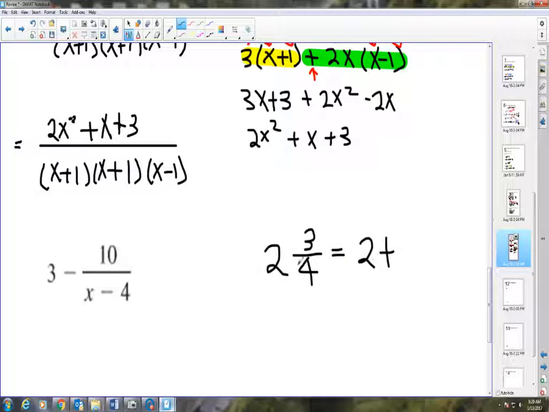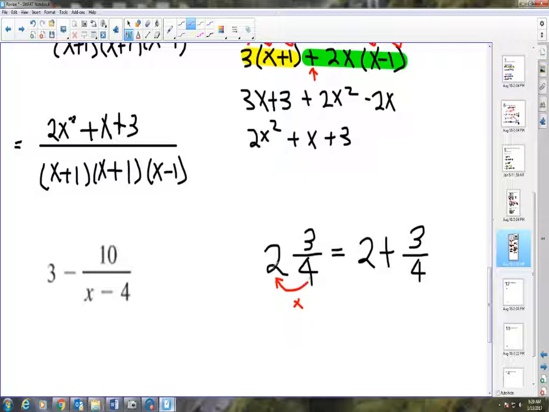It's not times a fraction, it's a whole number plus a fraction. So that means a mixed number can be written as 2 plus 3/4.